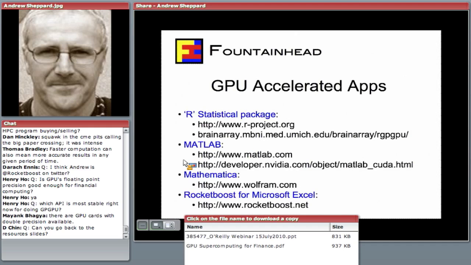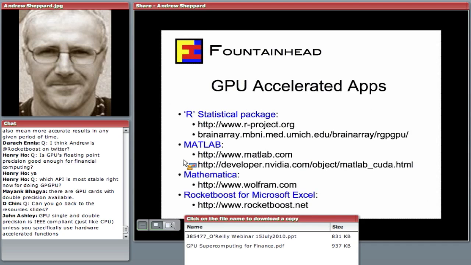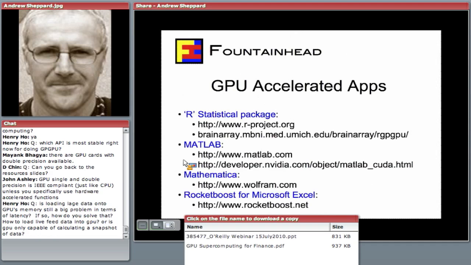Oh yes, Rocket Boost is the little software layer I wrote so that you could access GPU supercompute power from within the comfort zone of Excel. The reality in finance is that Excel is the front end of choice for traders, risk people, and middle office people. There's no getting away from it. It's a great tool in some respects, but it's poor at number crunching.